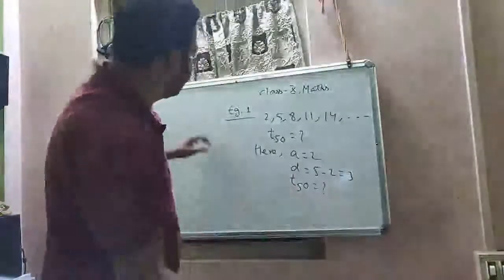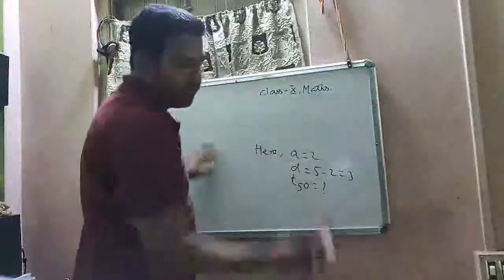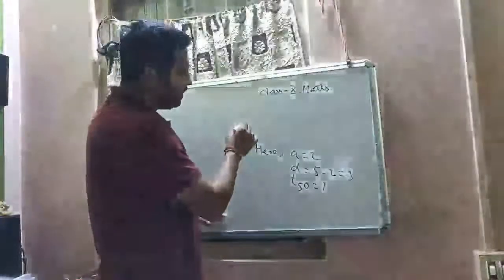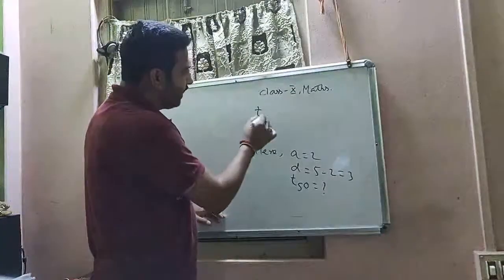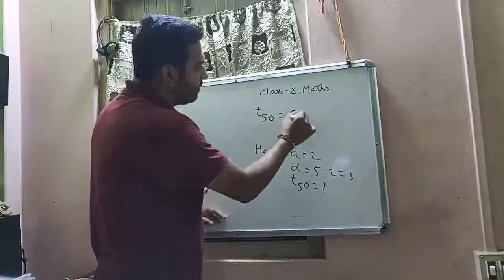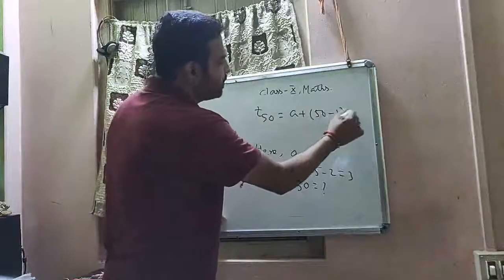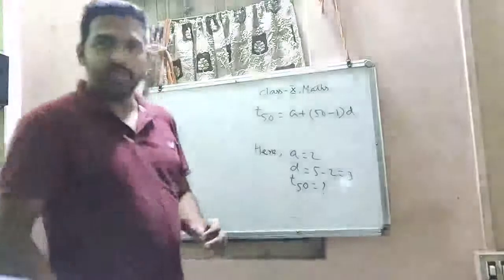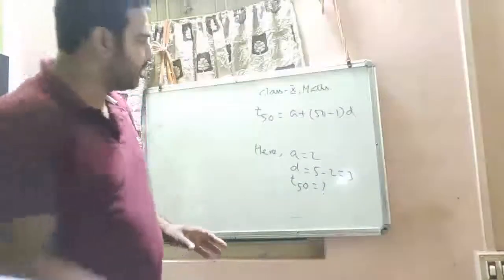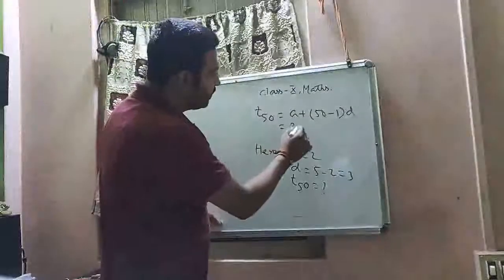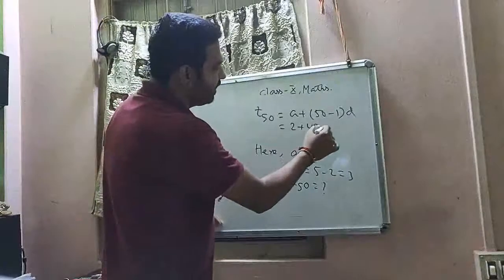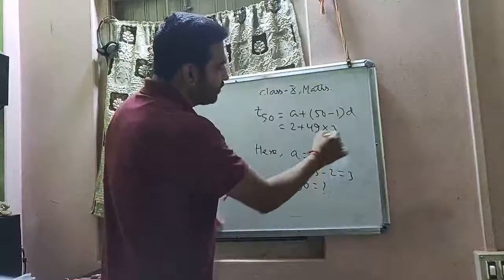So let me find out using the formula what we have already learned. We know that T50 is equal to a plus n minus 1 into d. Is it? A plus 50 minus 1 into d. A is equal to 2. 50 minus 1 is 49 into d is equal to 3.